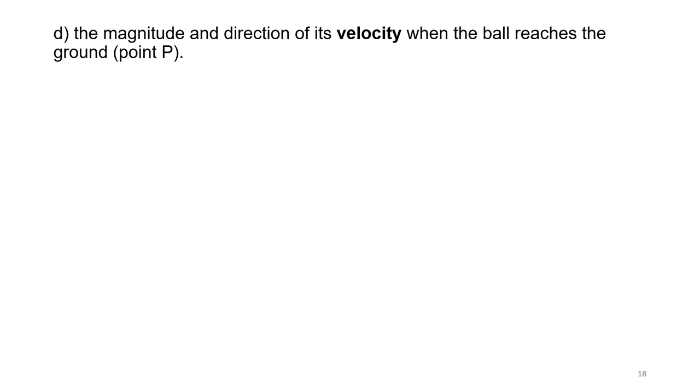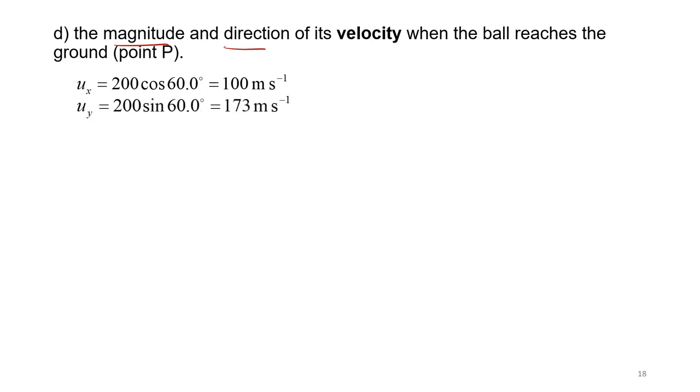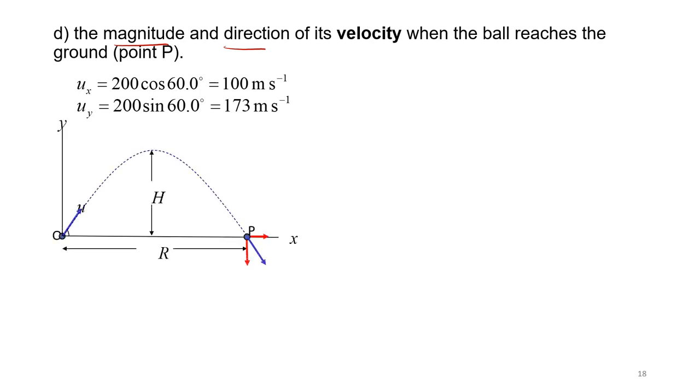Now question number D, calculate the magnitude and direction of its velocity when the ball reaches the ground at point P. Given Ux 100 meter per second, Uy 173 meter per second. Given diagram, at point P, we have two component velocity. Velocity at component Y, V1Y. Velocity at component X, V1X.